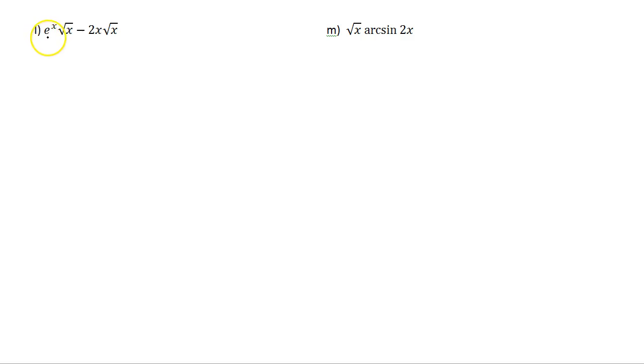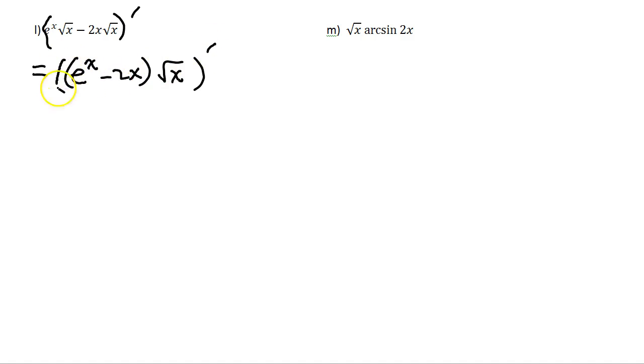Okay. So this one, you can choose to differentiate it as it is. It's not too bad, but let me factor the square root of x out before differentiating. That's easier.